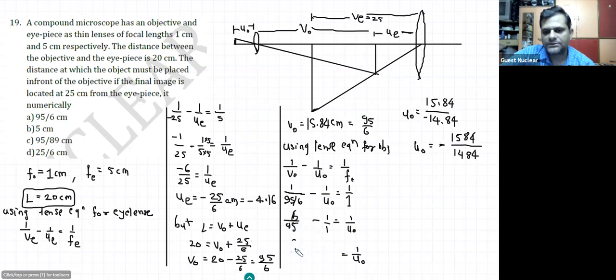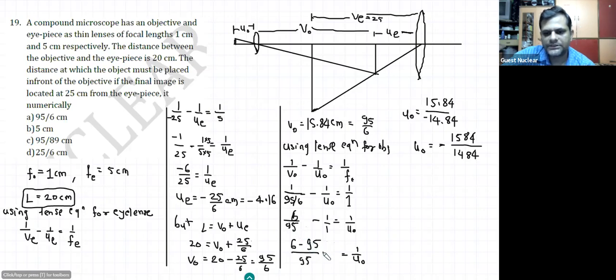So that it becomes 6 minus 95/95 as it is, which will actually be minus 89.